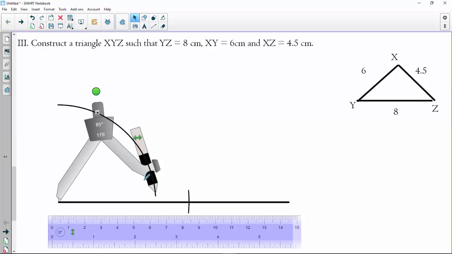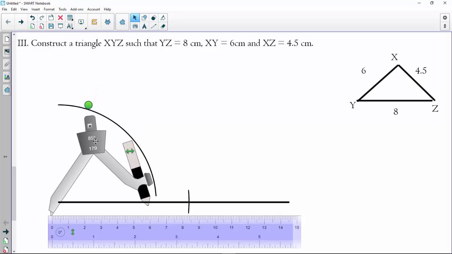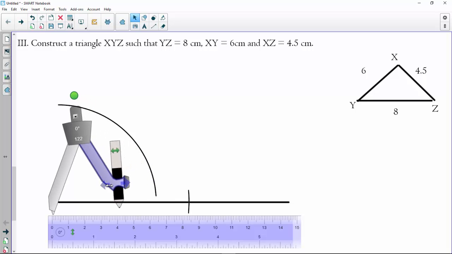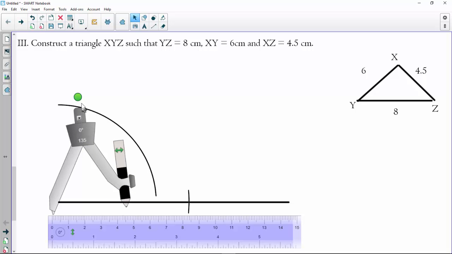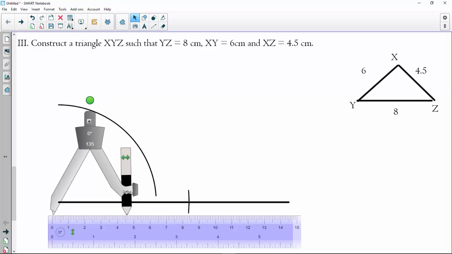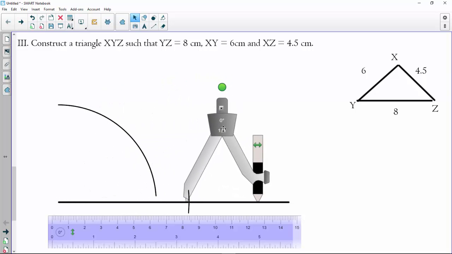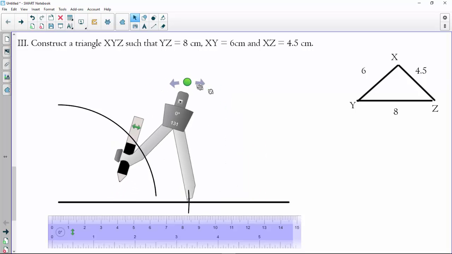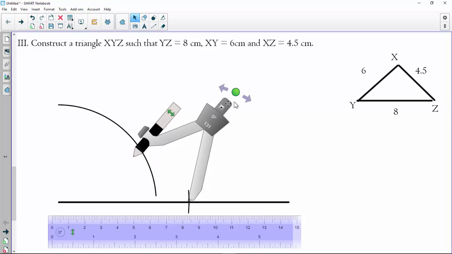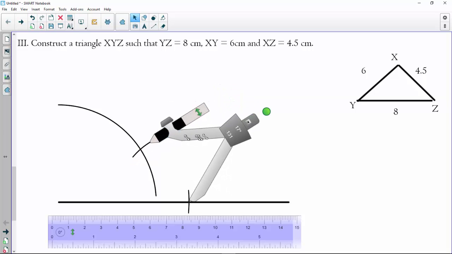Wonderful. And now let's measure 4.5 centimeters. Position the point of the compass at the end of the baseline, and we draw our intersecting arc. Wonderful.